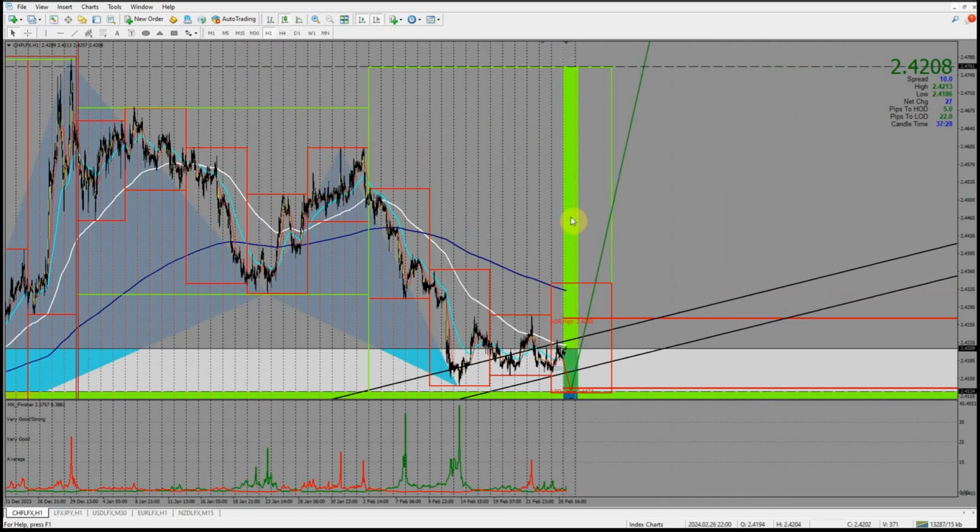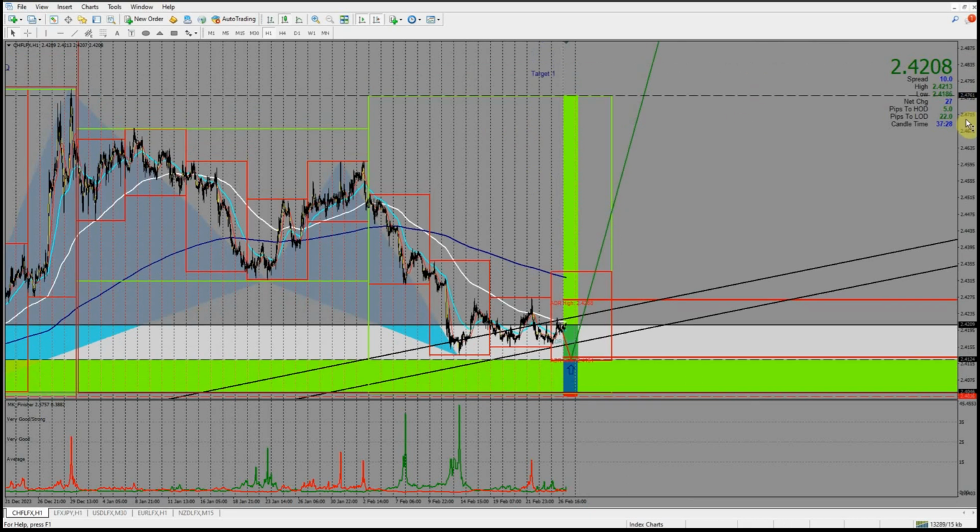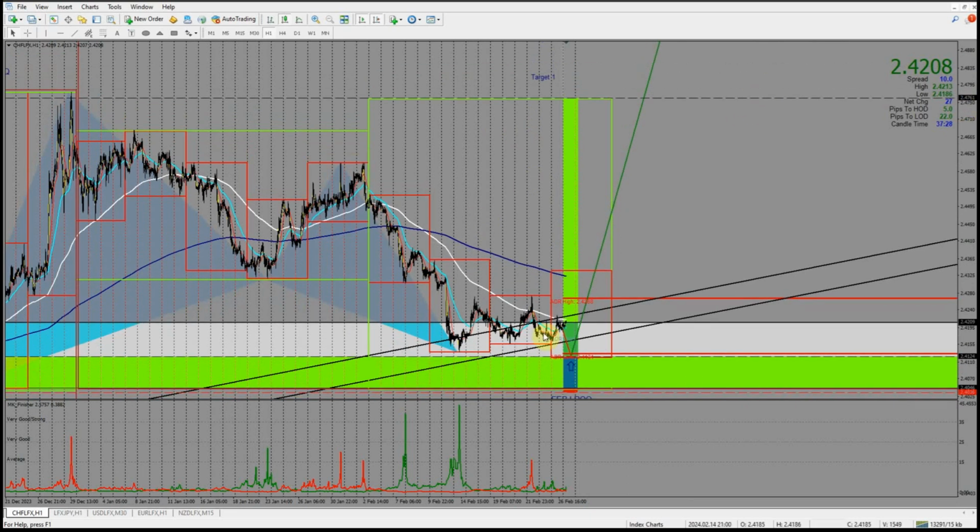Remember guys, we trade in line with market makers. So if you see a chart like this, you understand that everybody that has been buying here and here has created a zone that market makers see. I hear a lot of people talking about liquidity, I don't know if I should be saying liquidity over here.